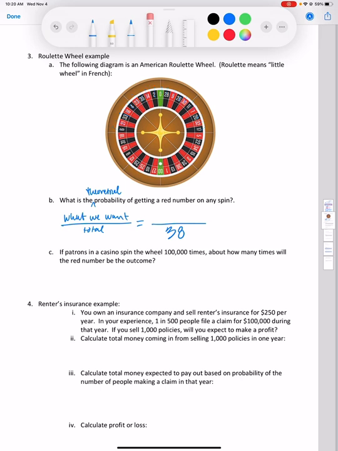And how many of them are red? Let's go ahead and count. Let's start from the top this time. 1, 2, 3, 4, 5, 6, 7, 8, 9, 10, 11, 12, 13, 14, 15, 16, 17, 18. So there's 18. What we want is 18 red spaces out of 38 total spaces.